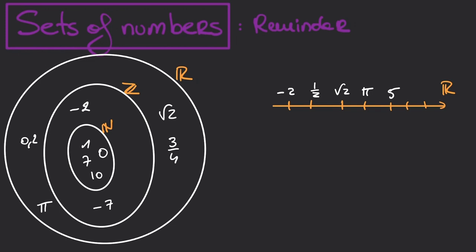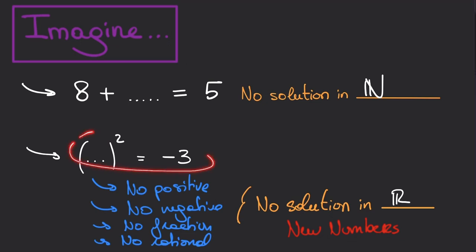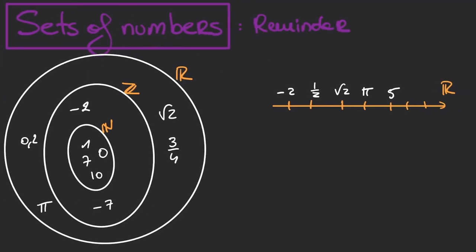However, what I will not find on this real number line is the answer to this equation. Because as we said, there is no solution among the real numbers. So it's time to take a big step in your math journey and to extend this number system that was enough all along, but now it will not be sufficient.